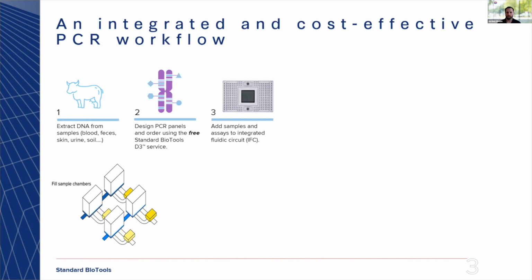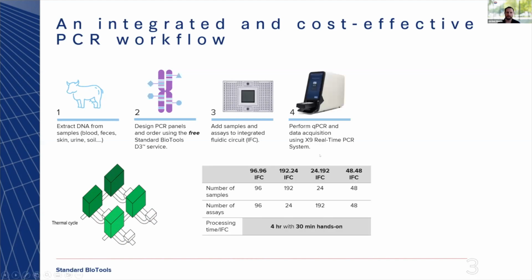We're going to fill our sample chambers, then fill our assay chambers, and then we're going to allow them to mix. Once those have been mixed, then we're going to be testing 96 times 96. So that means on a single one of our IFCs, that's 9,216 PCR reactions. So your 96 samples will be tested for all of the 96 markers on the IFC.